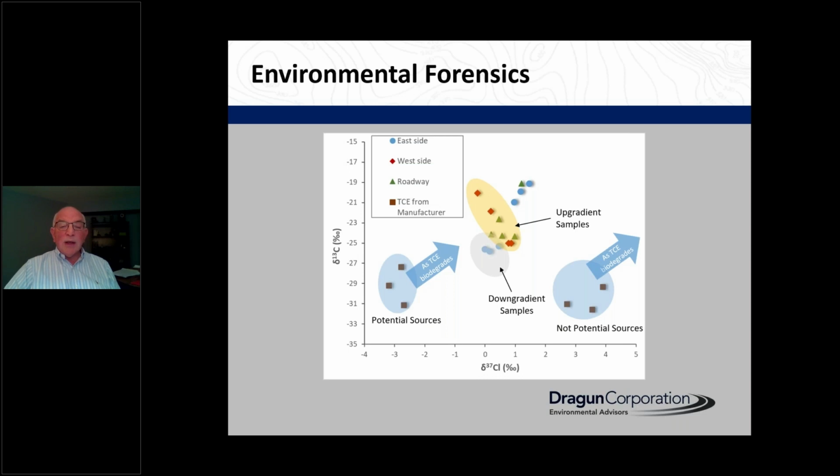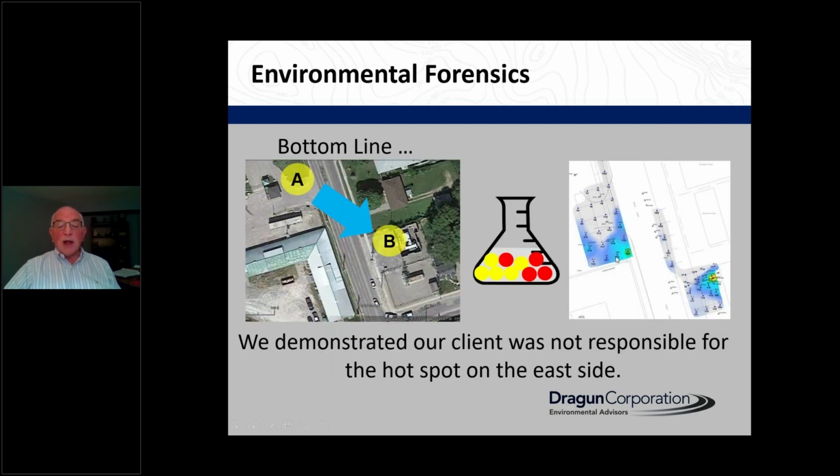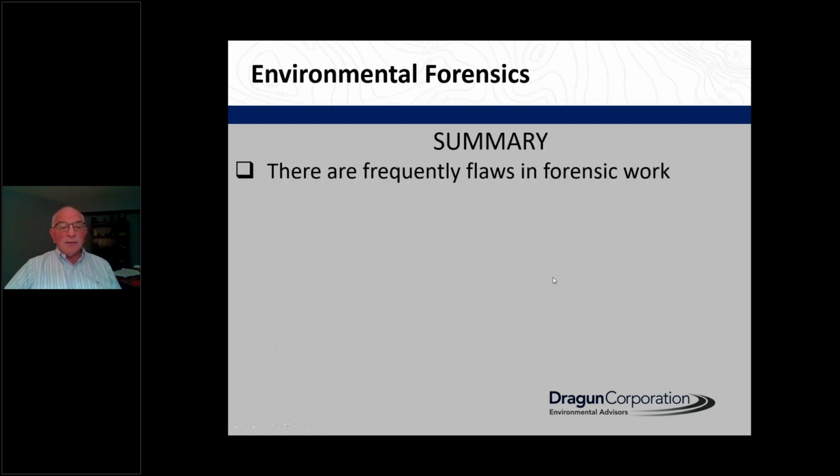So we concluded based on this that we had two separate sources, even though the TCE and the chemistry looked the same. And it was consistent with the soil gas results. So our client demonstrated that they were not responsible for the hotspot on the east or right side of the road, hotspot B.